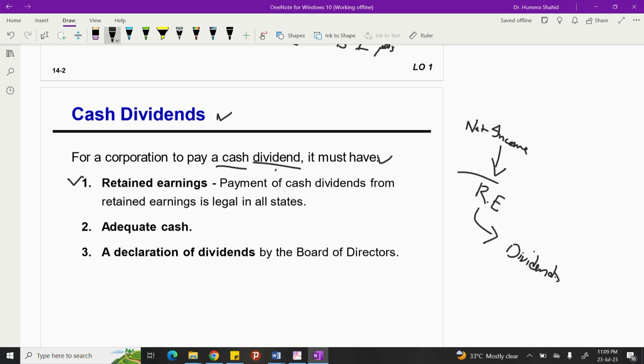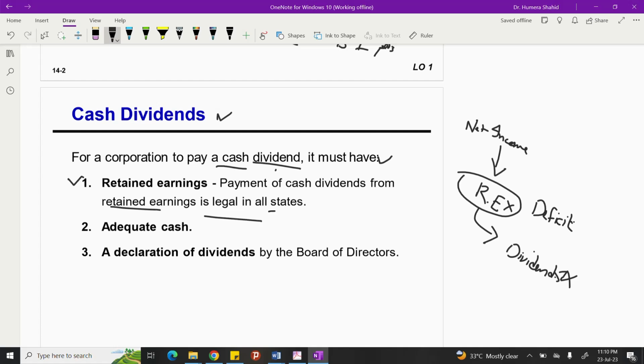So if there is a balance in the retained earnings account, then you can give the dividend. If there is no balance, or it is in deficit, it has a debit balance, then you cannot give the dividend. So the first thing is retained earnings.